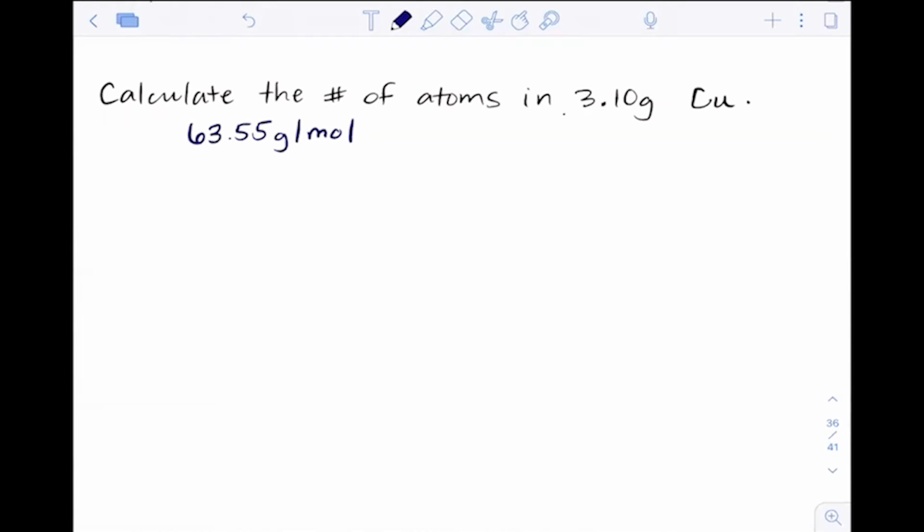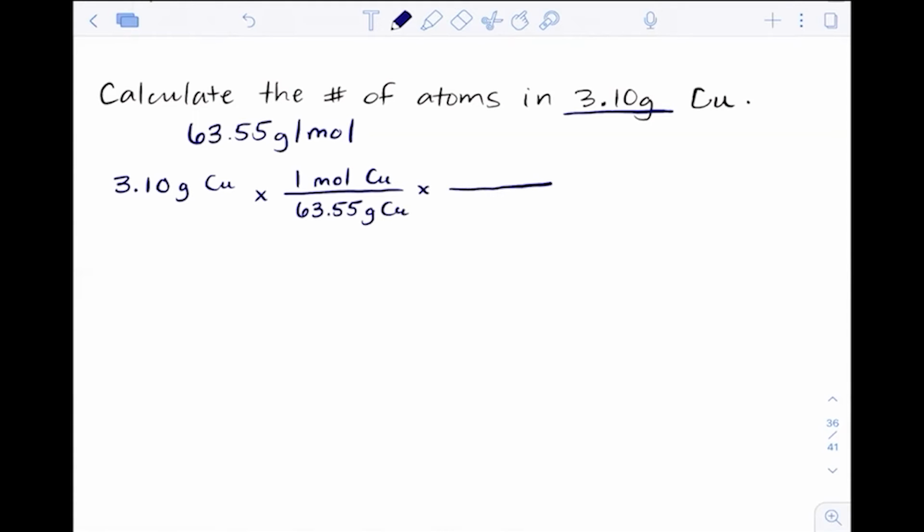So let's go ahead and start out. We never want to start with a conversion factor. We always want to start with our given measurement, 3.10 grams of copper times, well, I want to get to atoms. How do I get to atoms? Through the mole. So 1 mole of copper over 63.55 grams of copper.